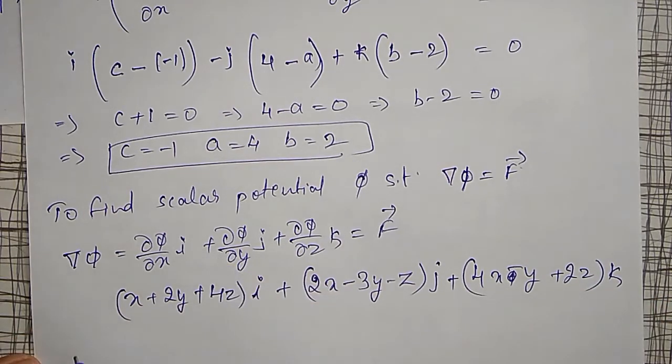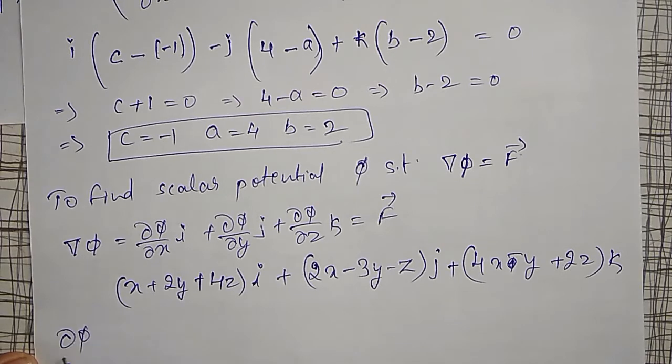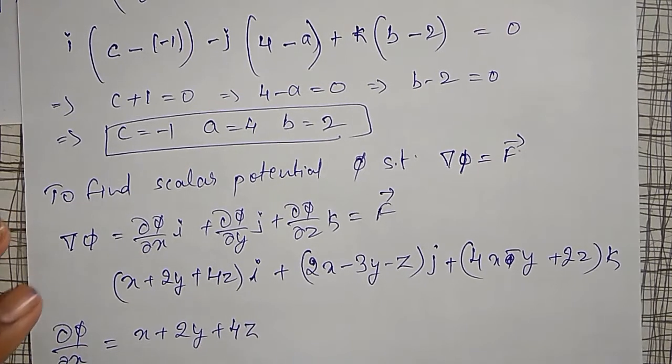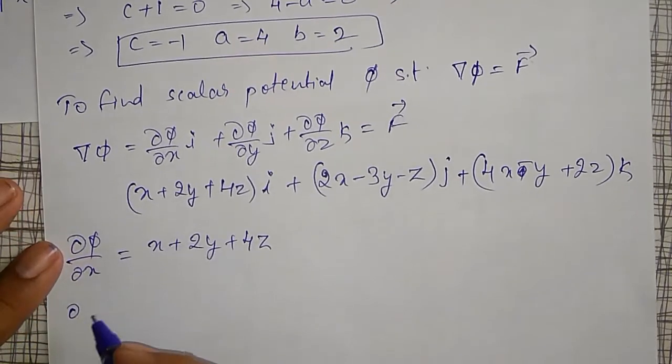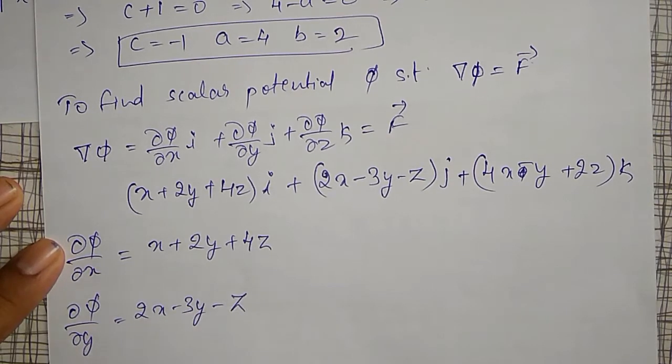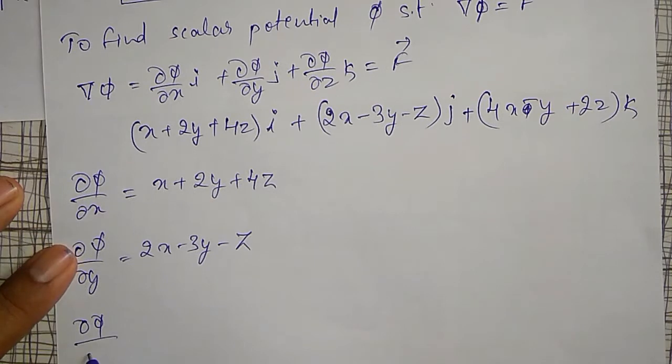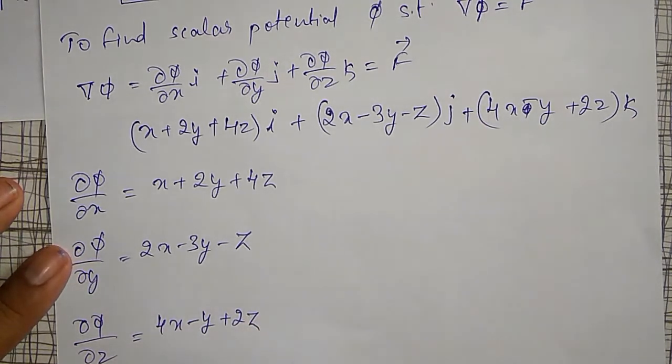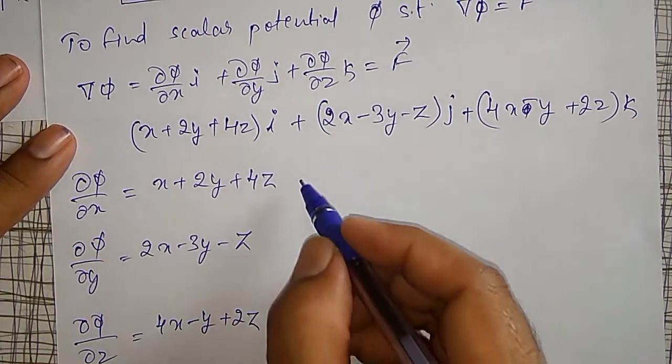Equating these two vectors, I am going to get dou phi by dou x is equal to x plus 2y plus 4z, and dou phi by dou y equal to 2x minus 3y minus z. Dou phi by dou z is equal to 4x minus y plus 2z. From these three equations I have to solve for phi.